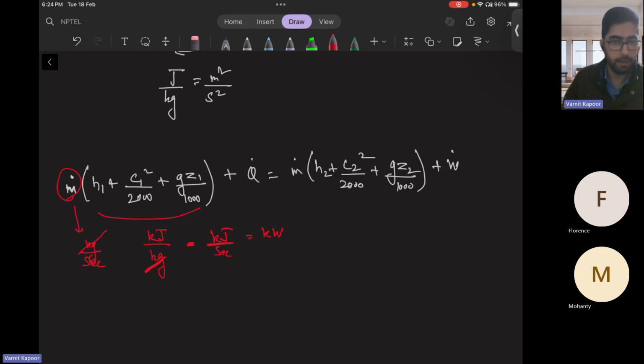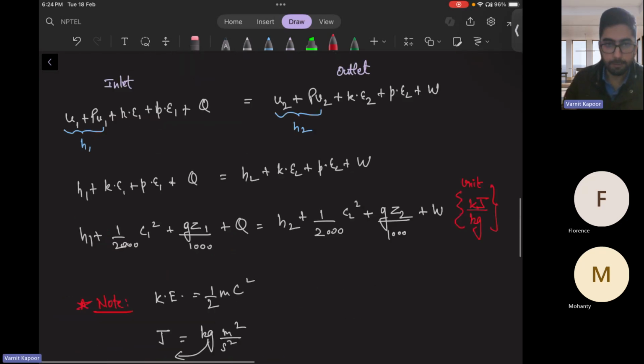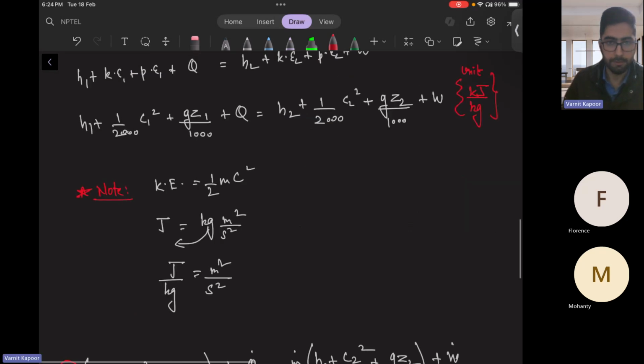So if your examiner asks the question with units in watt or kilowatt, then you have to multiply the above steady flow energy equation with the mass flow rate. If it is in terms of kilojoule per kg only, with no watt, then it's fair enough to use the above equation.